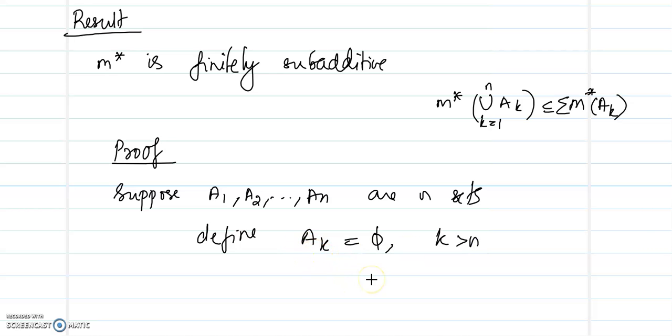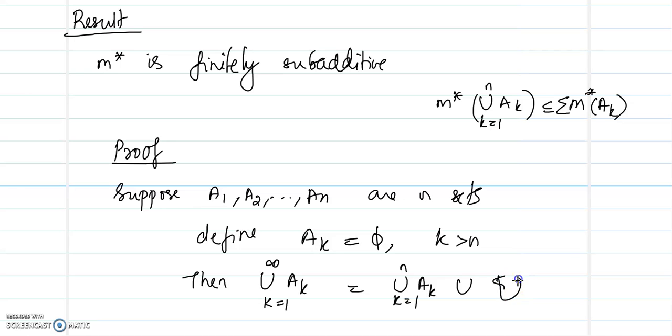So we have the sets An plus 1, An plus 2, and so on, all of them empty. Now let us look at the union k equal to 1 to infinity of Ak. That will be the union k equal to 1 to n of Ak union the union k equal to n plus 1 to infinity of Ak. Now this will be the empty set.